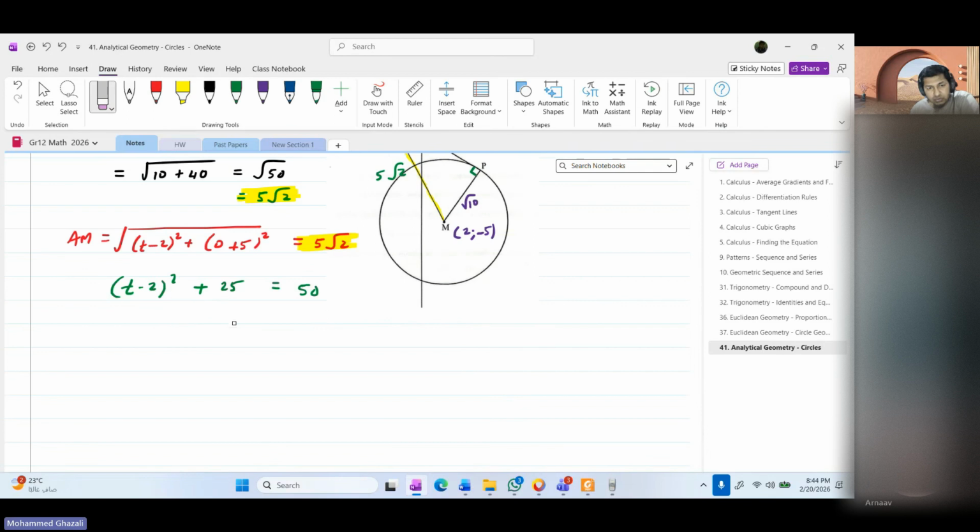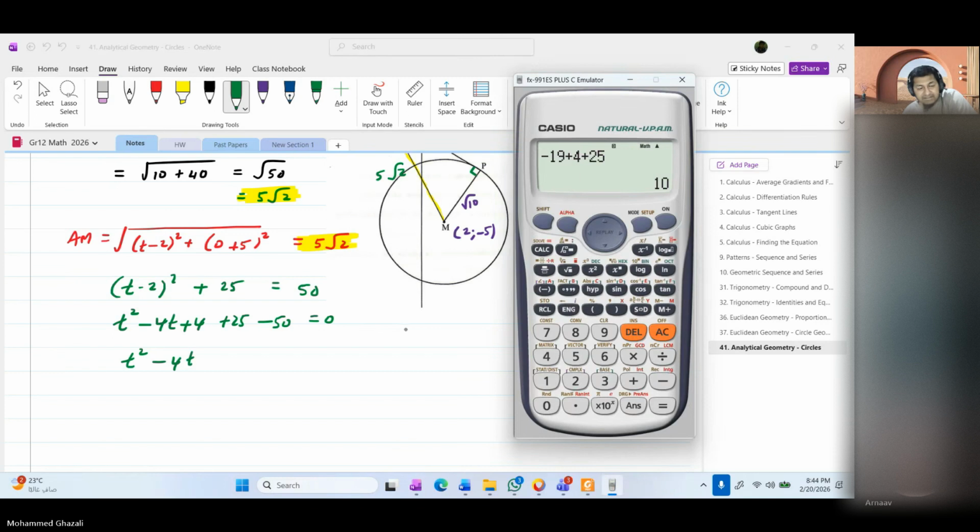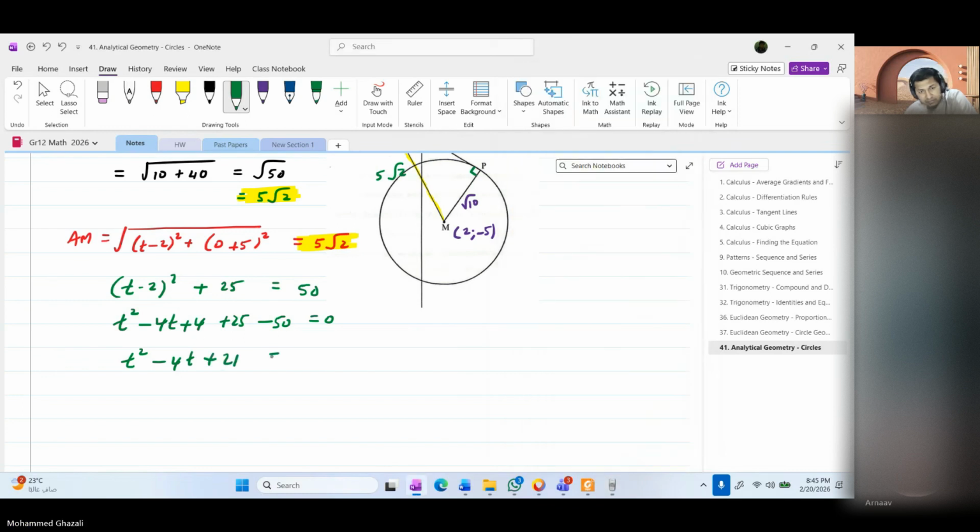No issues. t squared minus 4t plus 4 plus 25 minus 50 is equal to 0. Now multiply all this out: t squared minus 4t, and then 4 plus 25 minus 50 is minus 21.